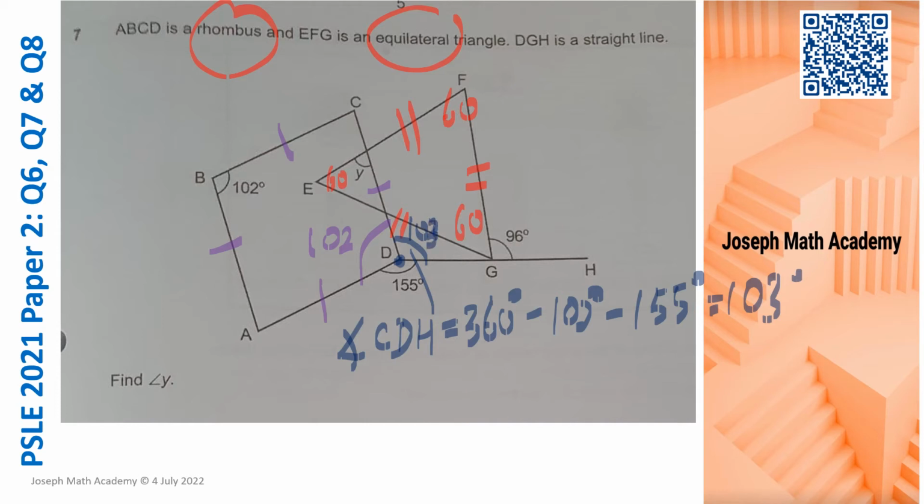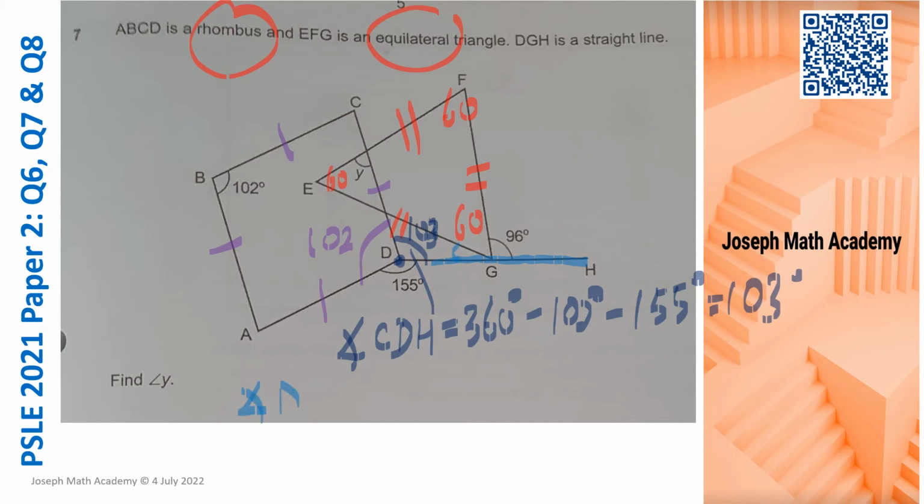Now from here, we can also make use of the property sum of angles on a straight line. This straight line is line DGH. So we have 96 on the line DGH. We also have 60 degrees on line DGH, meaning we can find angle DGE.